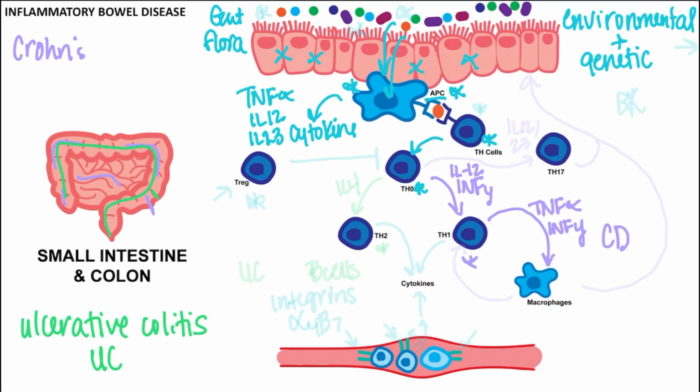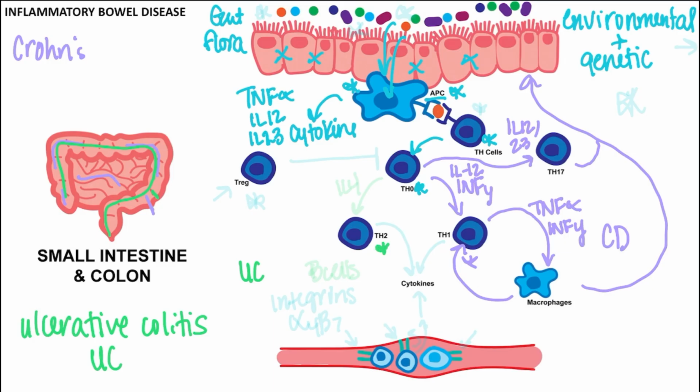And these will recruit and activate macrophages to promote inflammation and secrete the same cytokines to perpetuate the signal and continue the inflammatory process that leads to damage. Th17 cells, which are also an important component in Crohn's disease, are activated by interleukin 12 and 23 to also promote inflammation and damage. However, in ulcerative colitis, Th2 cells play a much more pivotal role.